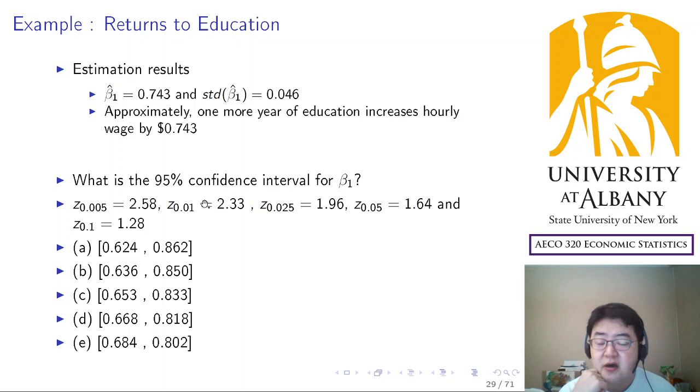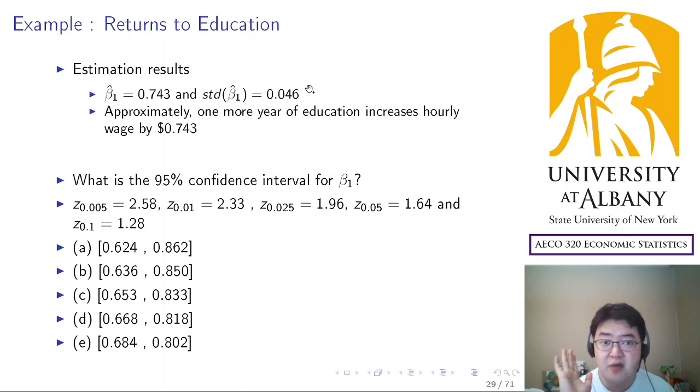First, you have to use 1.96 because the 5% error probability must be split half and half, 2.5% on each side. So you have to use 1.96, the top 2.5% value. And 1.96 times the standard error is the margin of error.